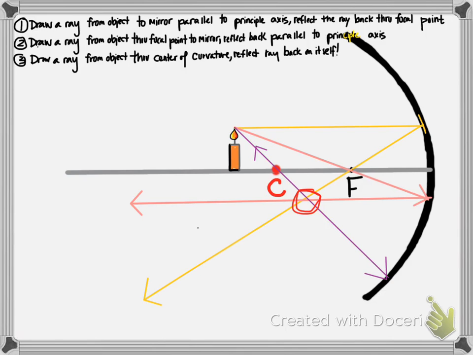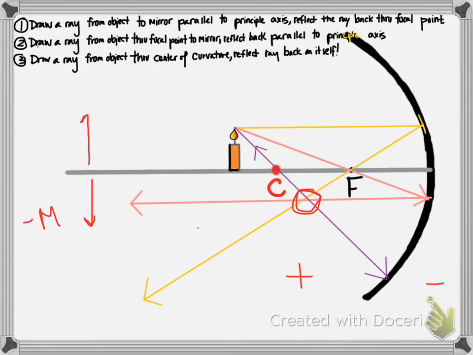An image that appears in front of the mirror has a positive value for the image distance, and it is a real image. It can be projected on a piece of paper. An image that appears behind the mirror has a negative value for image distance, and it cannot be projected. It's a virtual image. An image that appears below the principal axis will have a negative magnification because it will be inverted.